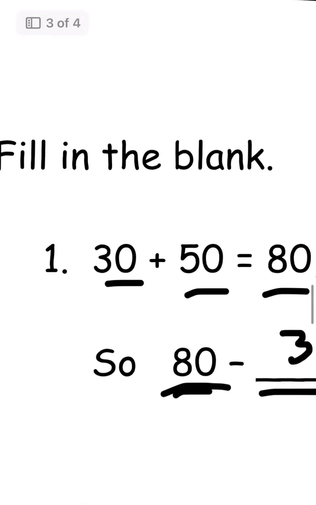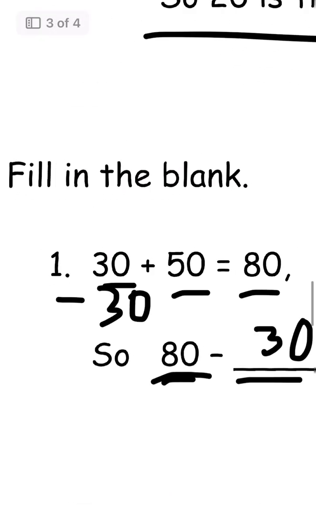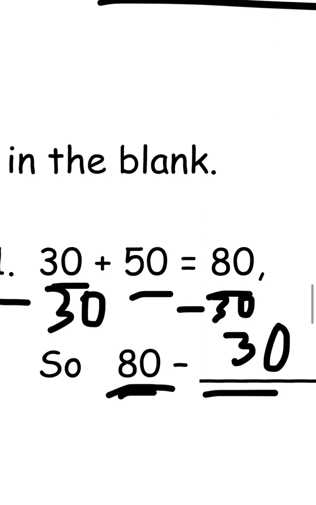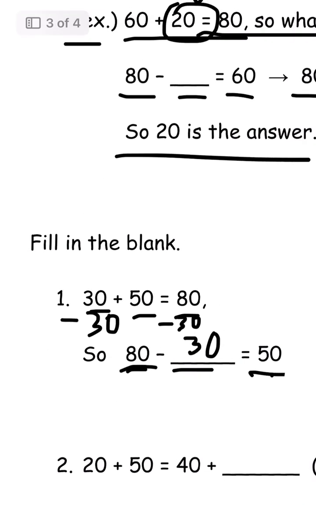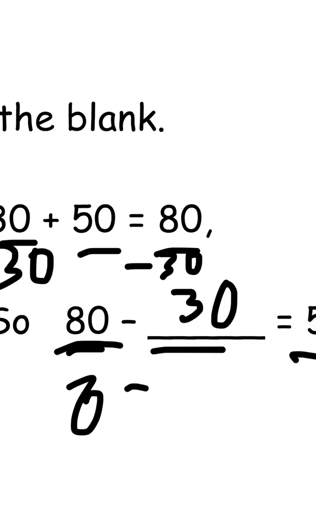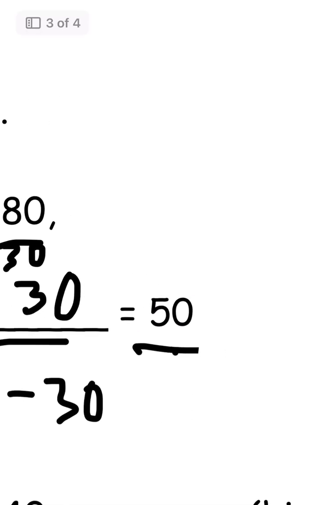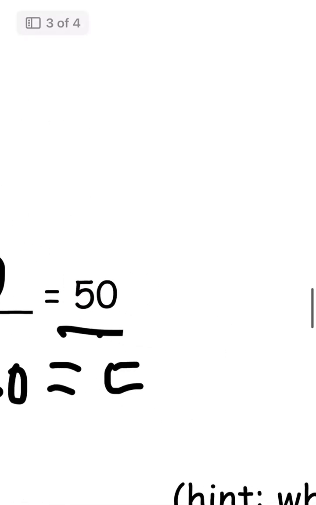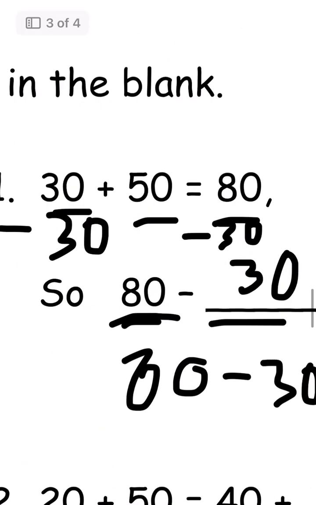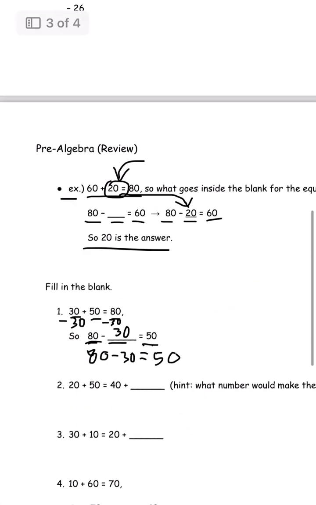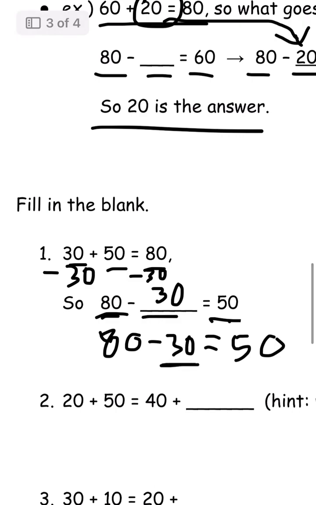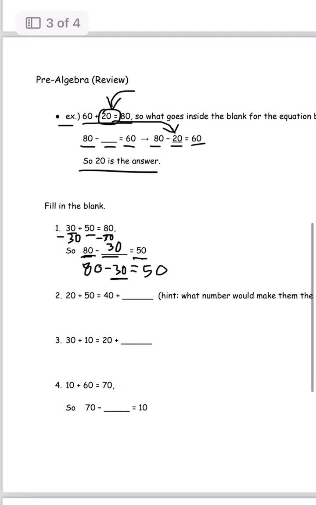Because if you subtract 30 from both sides of the equation, it means that 80 minus 30 is going to equal 50. Yes, so 30 is going to be the answer that goes inside the blank.